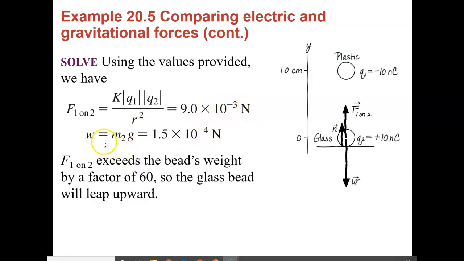The weight is the mass of the glass bead times acceleration due to gravity, which is less than the force, so the bead will indeed rise. That means the electric force between these two things is stronger than the force of gravity acting on the glass. It will rise. It has a net upward force.